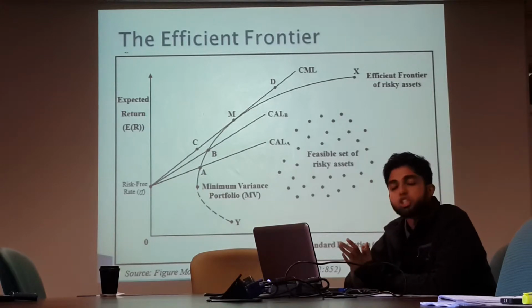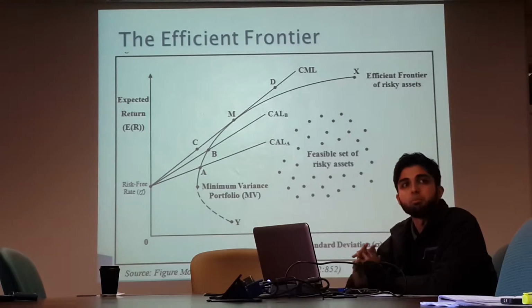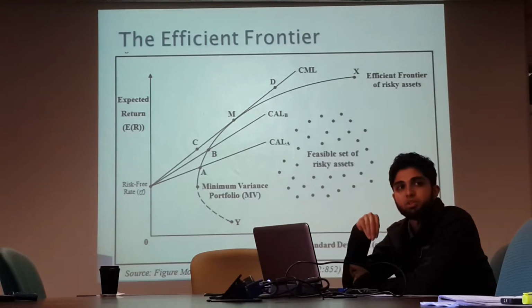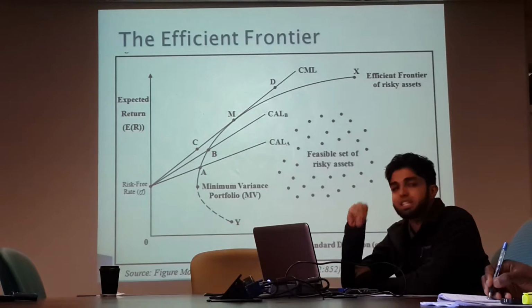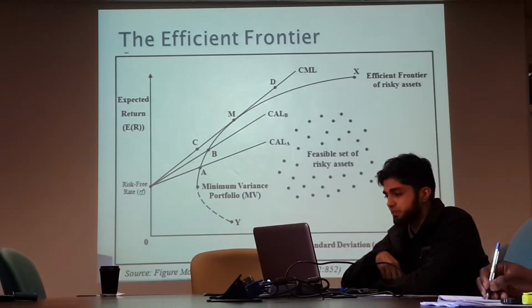At this point, we can bring in Tobin's separation theorem. What Tobin tells us is that we can separate our investment process into two distinct steps. The first step is identifying the market portfolio, which occurs at the point of tangency. This market portfolio is characterized by the highest Sharpe ratio, or highest reward per unit of risk, or highest excess return per unit of total risk.